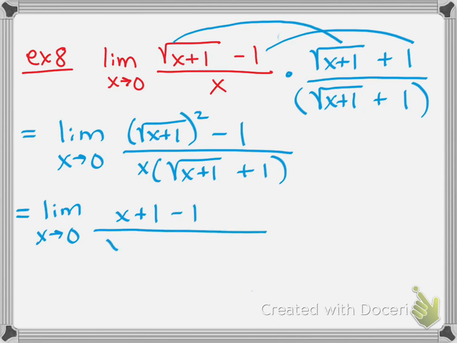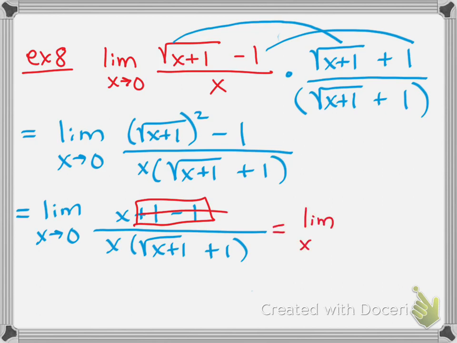We are still not going to FOIL out, or I'm sorry, distribute the denominator. Now, plus 1 minus 1, those are gone. They cancel each other. So the numerator is left with just an x in the top. And the denominator has x times the square root of x plus 1 plus 1.